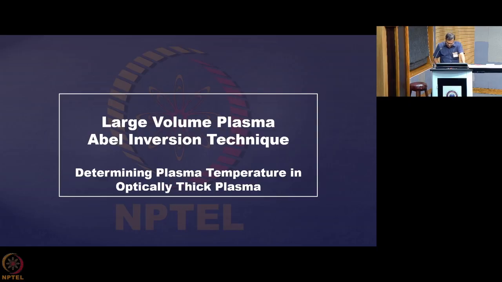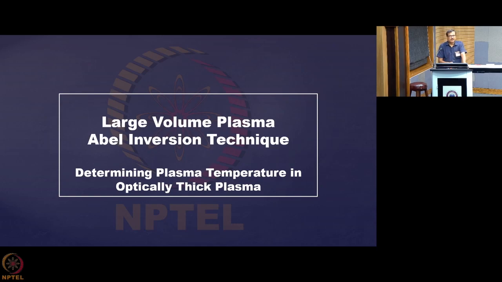But when you go for, say, a radio frequency plasma, which we discussed in our previous class and which has quite a large diameter, then when you put your fiber at a certain location to access the intensity emitted from the plasma along the chord, the atoms at the core and at the periphery are all radiating together, and their intensity contributes to what your fiber records.